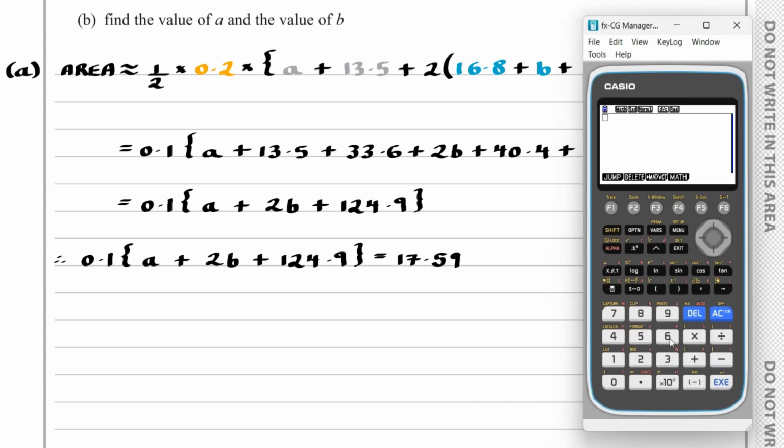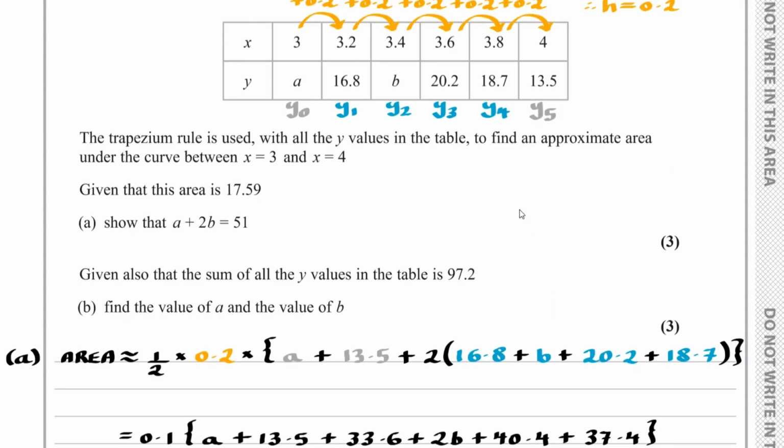Well, if I have 17.59, and if I divide that by 0.1, and then if I subtract 124.9, what you will find is a plus 2b equals 51, and that's exactly what we wanted to show. Given also that the sum of all the y values in the table is 97.2, we have to find the values of a and b.